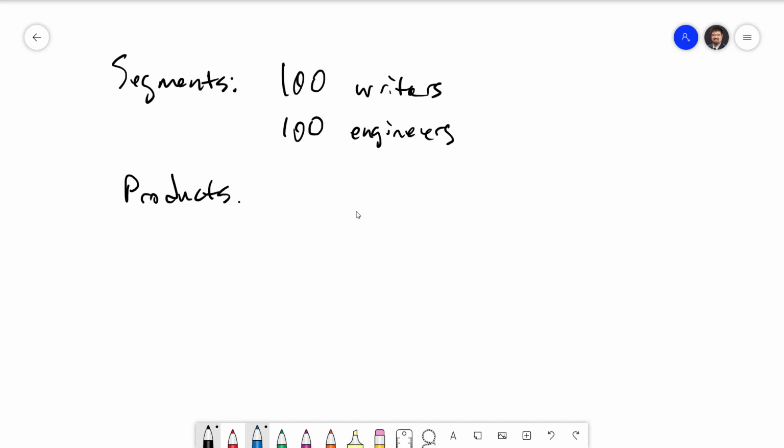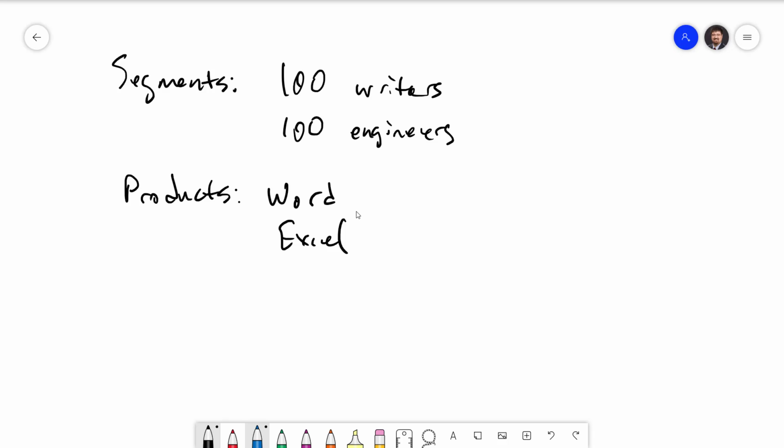We will assume there are two products, Word and Excel. Consumers will either buy a copy of Word or not buy a copy of Word, and buy a copy of Excel or not buy a copy of Excel. They could end up buying both products or one product or neither. But consumers will at most buy one copy of each product.